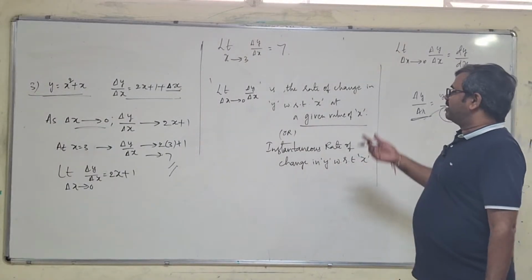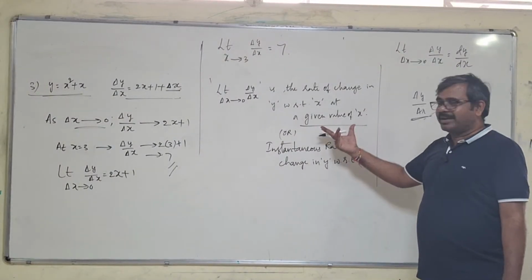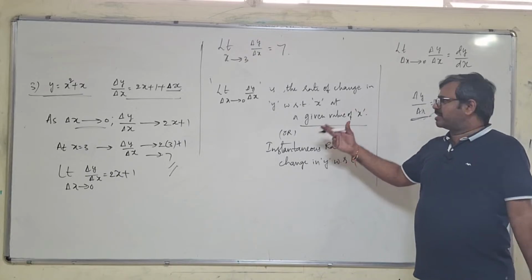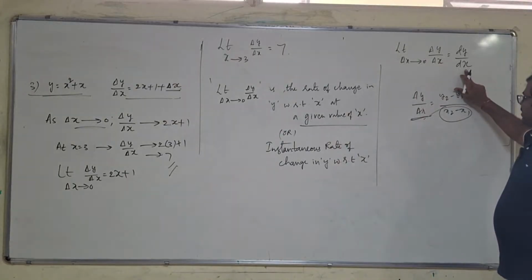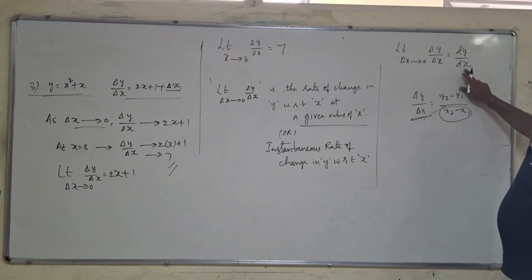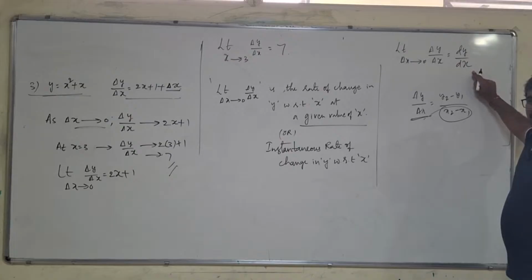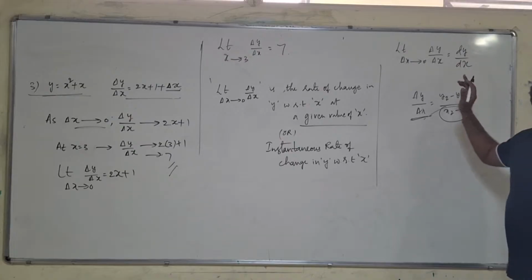So when you want to find speed at a given value of time, you construct a small interval around that given time, find out the small distance covered in the small time interval around that given instant, and that will give you instantaneous speed.